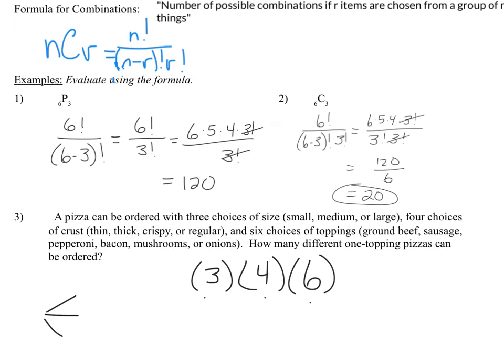I have 3 options for size, and then on each of those I have 1, 2, 3, 4 options for crust. 1, 2, 3, 4. 1, 2, 3, 4. And then off of each of these I'd have 1, 2, 3, 4, 5, 6 options for a topping. The counting principle allows us to take the options for each and multiply them together. So 3 times 4 is 12, times 6 is 72 different options for pizza.